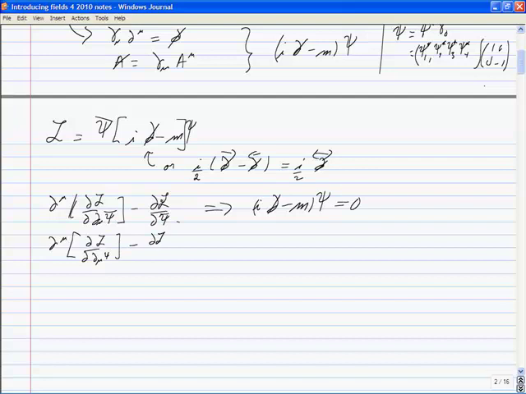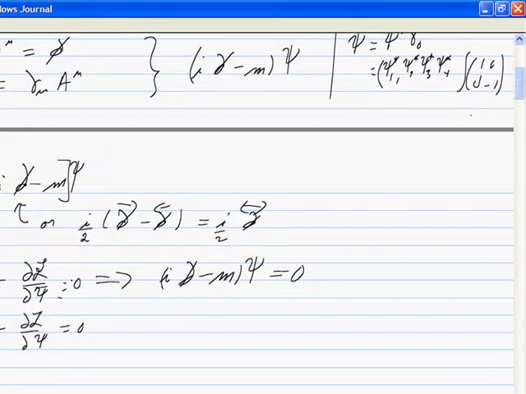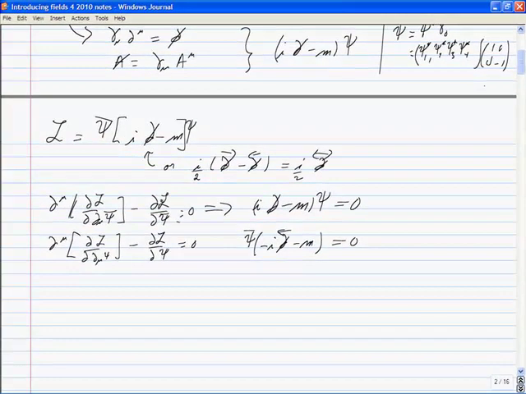So if I do the same thing with varying psi, you get the conjugate equation, which is minus i d slash acting that way minus m. So it's just the Hermitian conjugate of the whole thing.